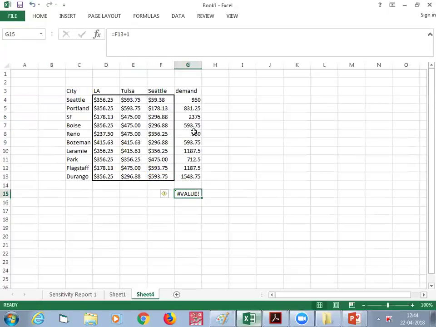Oh, it's not a number. Okay, so we have to change it into a number now. How do we get rid of the dollar sign? Okay, we have to edit each one of them.